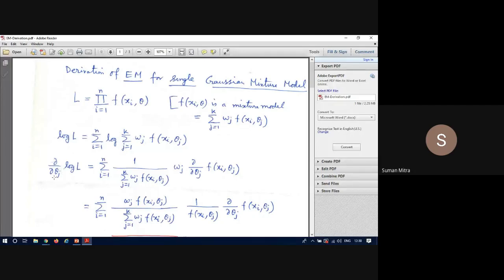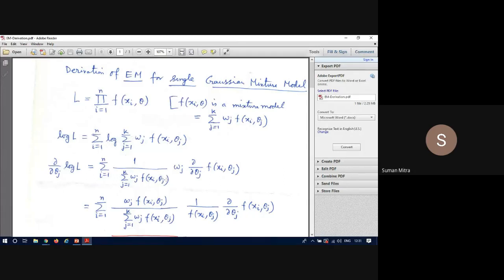So del theta j of log L. Now take this summation i equal to 1 to n, which remains as it is. Now what is this? Log of something. So what is the derivative of log of something? 1 by that something. Got it? Log of something, derivative is 1 by that something.